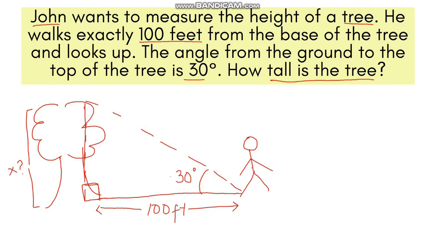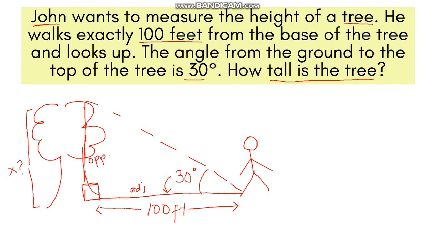We have 100 feet, and this 100 feet is the adjacent side of the 30-degree angle. Now, we also have to look at the one that is missing. So this side right here, in reference to the 30-degree angle, is the opposite side.